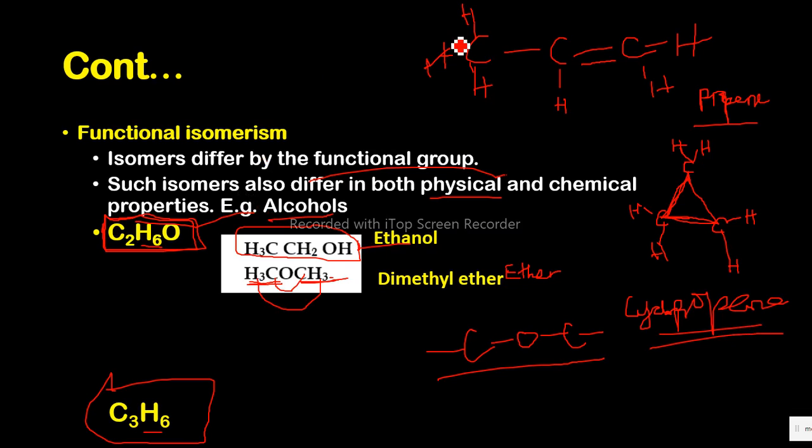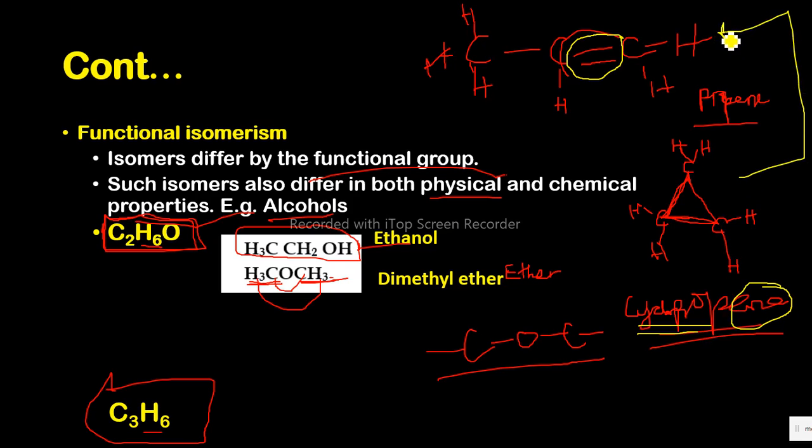Now, why is it functional isomerism? You see, it is an alkene, and a propane, an alkane, and a cycloalkane. You can see. Because of this, the compounds exhibit functional isomerism. I hope that's okay.